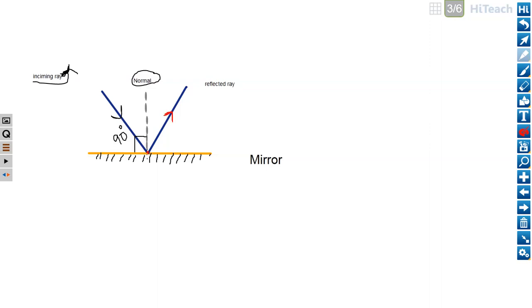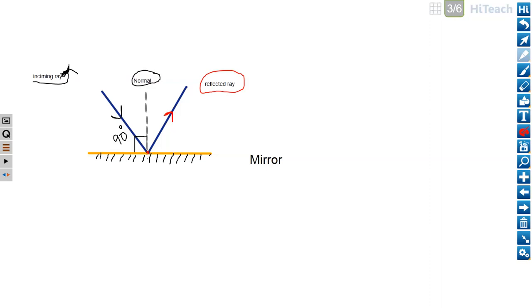This ray that is reflected is called the reflected ray. Again, it's from the point where the incoming ray hits the mirror.